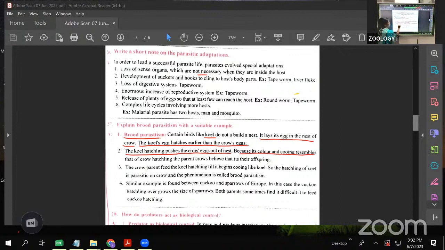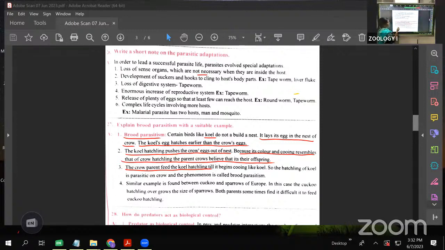The crow, the parent, believes that they are its offspring. Here, the crow parent feeds the koel's hatchlings. Actually, the koel's hatchlings are there now, and they pushed out the crow eggs.